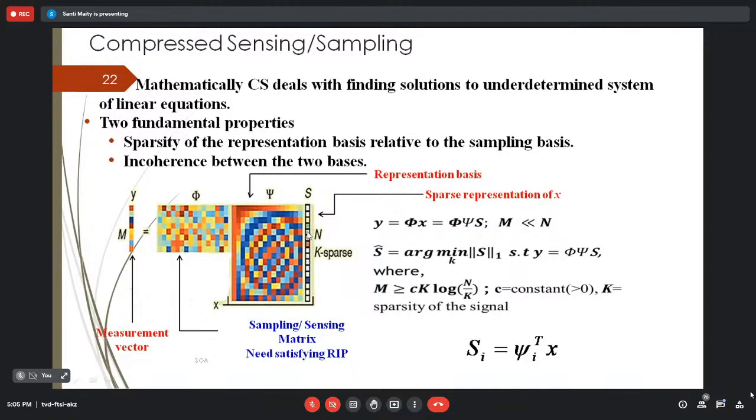You can see that some of the places are void, meaning zero values. Now, when you have the n-point data and do the Fourier transformation, some of these values are zero, giving k-sparse. So k positions are non-zero values, and the indices of these are called the support.